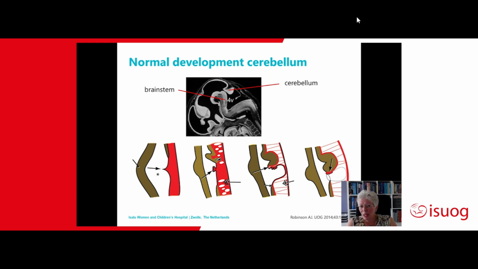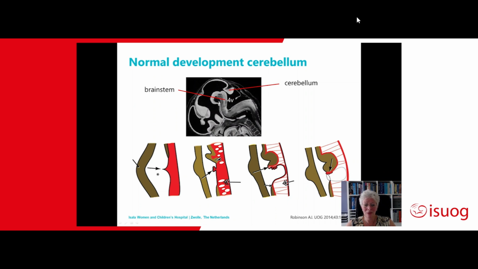If we want to look at abnormalities of the posterior fossa, it's always good to look at the embryology, the development of the cerebellum, which helps us understand what goes wrong when there are abnormalities. So here you can find an embryo of about 10 to 12 weeks.